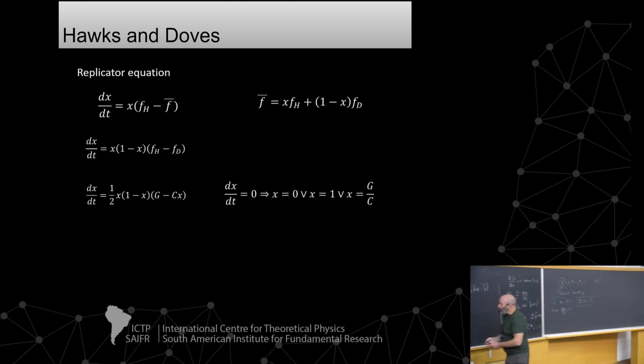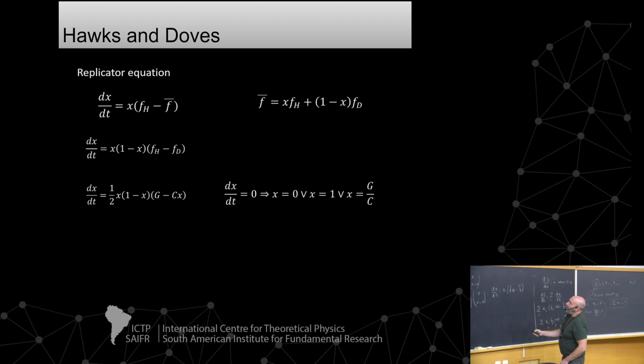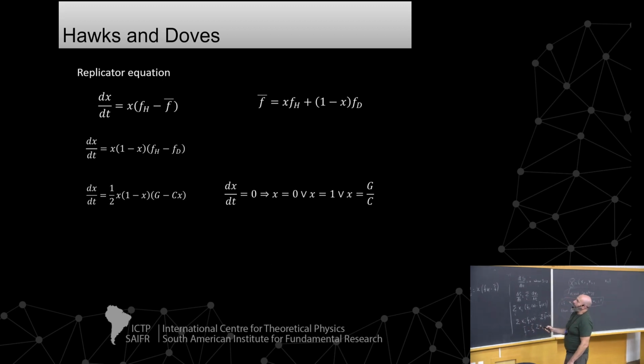So what I'm trying to do is find the equilibrium of the system, so what I have to propose is that the derivative of x with respect to time should be equal to 0. And when I propose this, if we look at the equation, what we can find is that x should be equal to 0, or x should be equal to 1. If x is 0, this is 0.